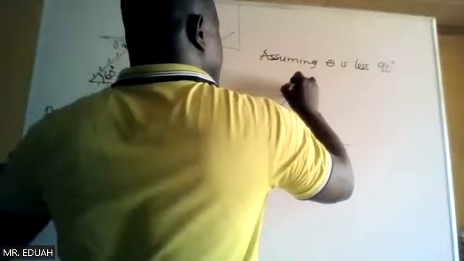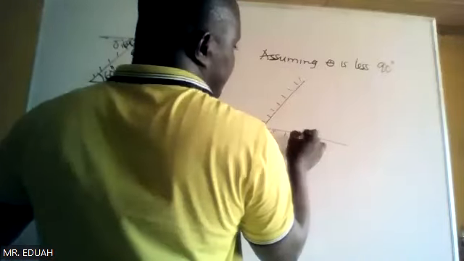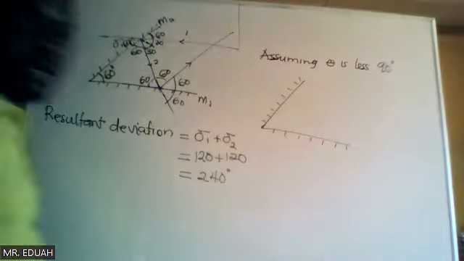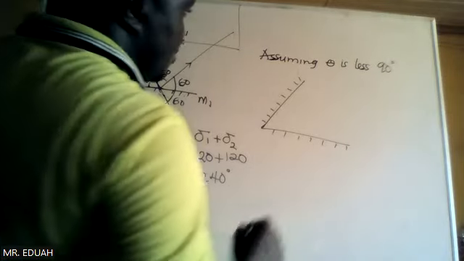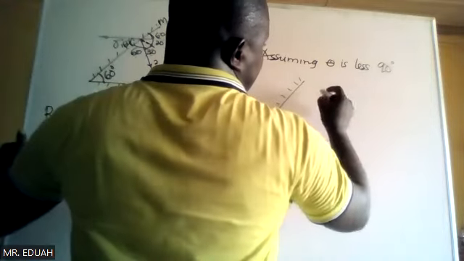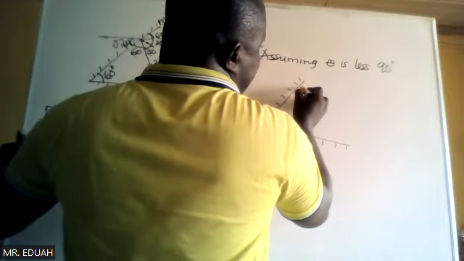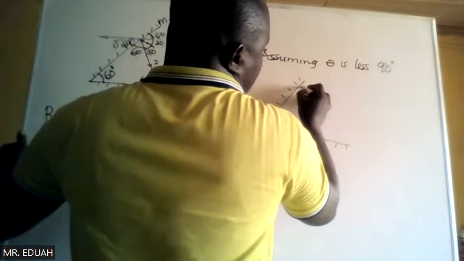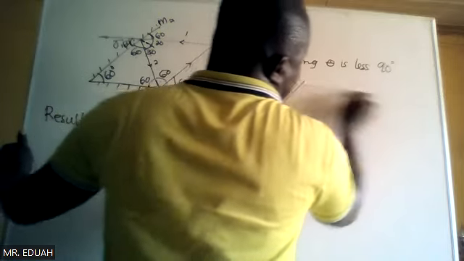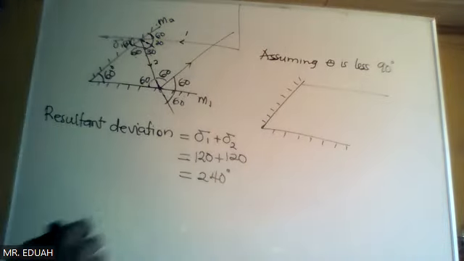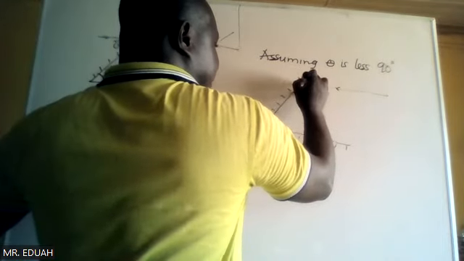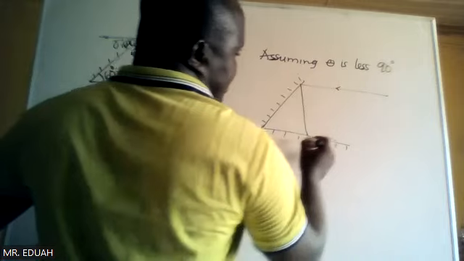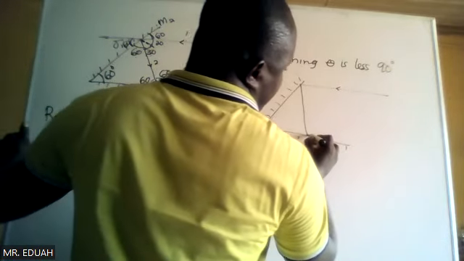If we assume the angle between them is less than 90, we are looking at incident light on this, so that this is the incident. The reflected ray produced by this would also be parallel.